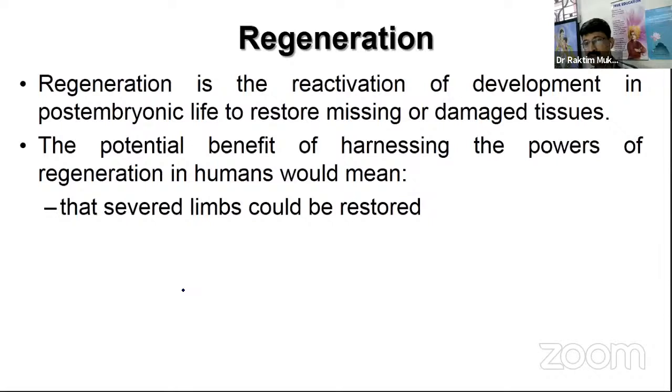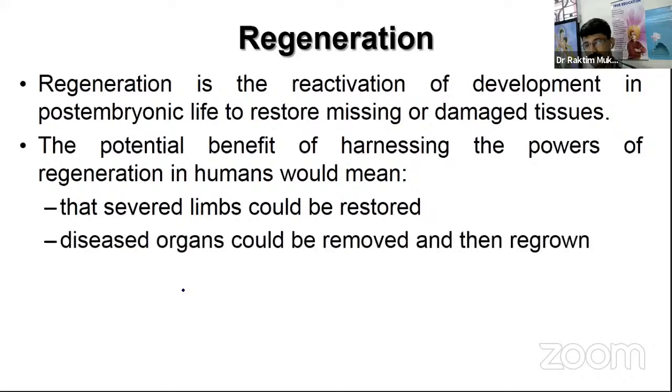No need for organ transplantation. Whatever organ is damaged can be removed from the body and regrown. Again, nerve cells altered by age, disease, or trauma could function normally once again.